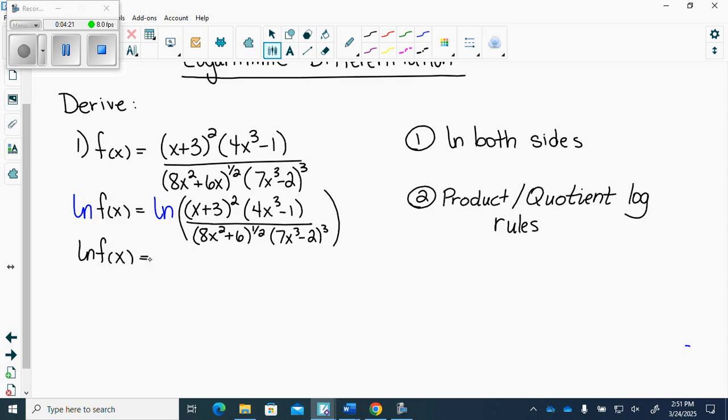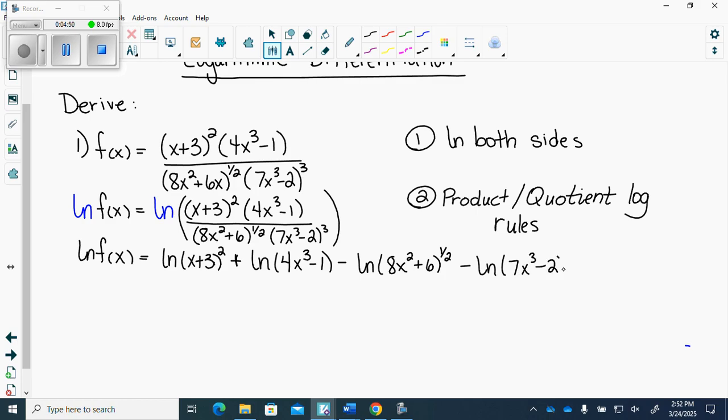This is going to become ln (x plus 3) squared plus ln (4x cubed minus 1), both the numerator, minus ln (8x squared plus 6x) to the half, minus ln (7x cubed minus 2) to the 3. So anything in the numerator has a plus sign in front of it, anything in the denominator gets a minus sign, right? Just like you were taught in 30-1.